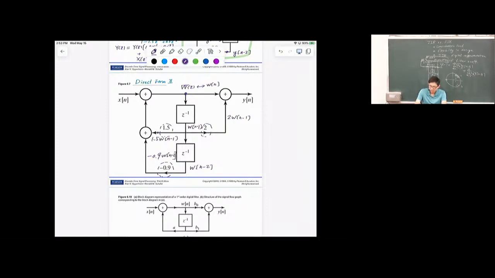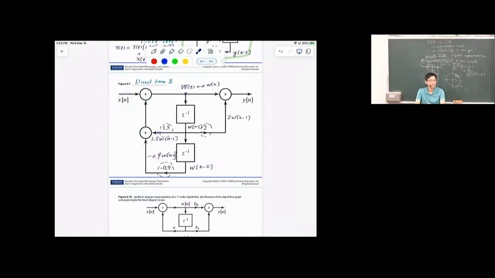Now the rest we are left with is just the summations, the nodes which sum up all the branches. These 2 branches sum up right here, and you further sum up with our input.